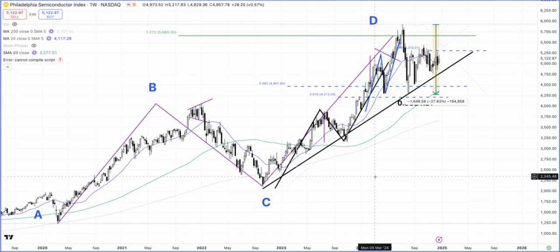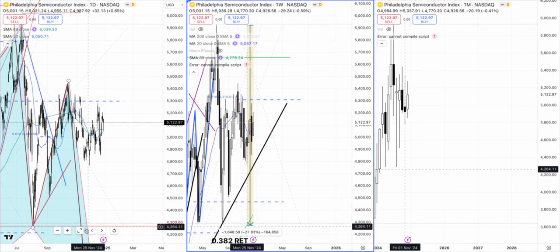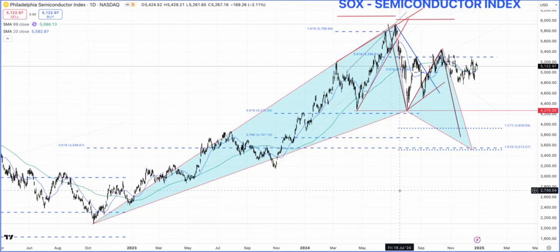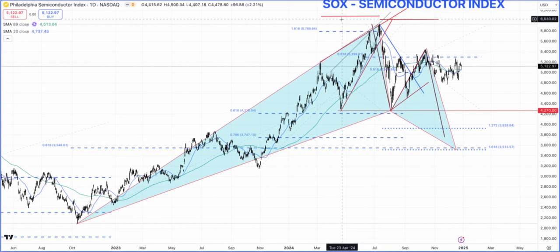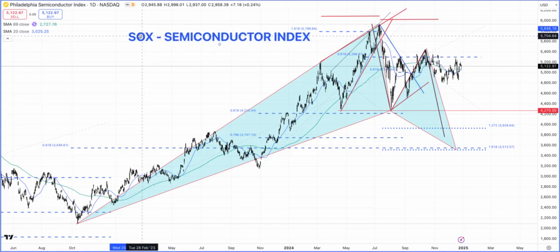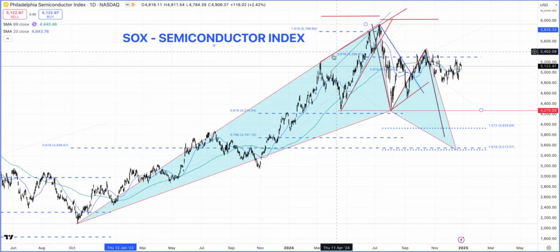And we'll just move down to the daily chart now. Here we go. So here we can see things a little bit more clear. Let me move this right here. So what is happening is once the top was formed right here, it retraced about 38.2%.